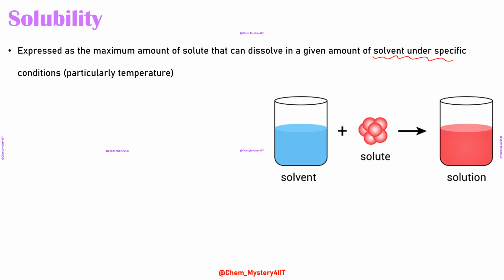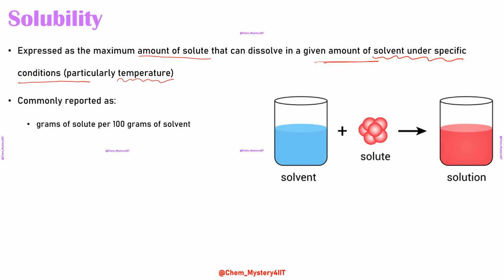Solvent should be defined actually, and this is under given conditions. When we say these conditions, importantly, temperature should be defined, because solubility changes a lot when temperature is changed. So how much solute we can put in a given amount of solvent, that defines the solubility.